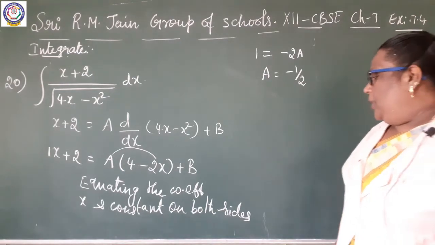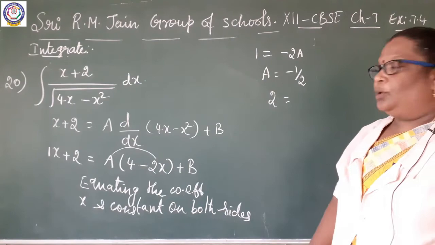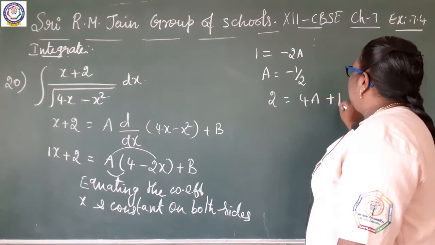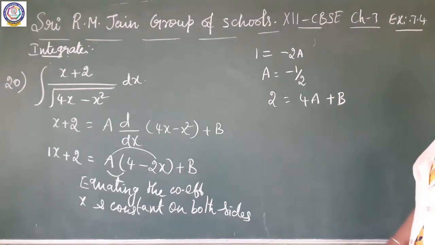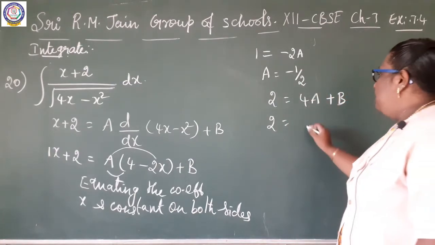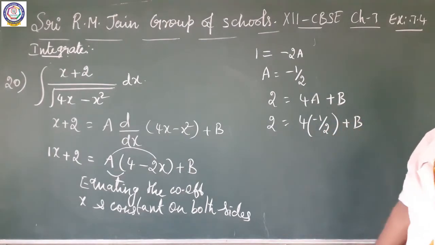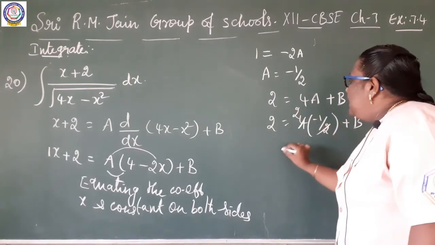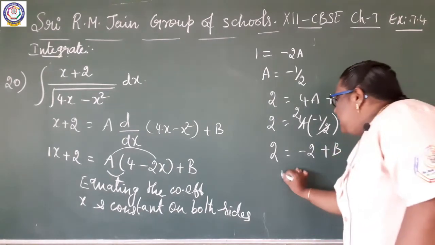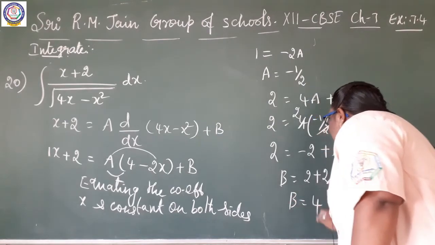Then the constant term. Constant value is 2. What is the constant here? 4a plus b. So, 2 equal to, you can substitute the a value as minus 1 by 2, 4 into minus 1 by 2 plus b. 2 equal to minus 2 plus b, b equal to 2 plus 2, b value equal to 4.